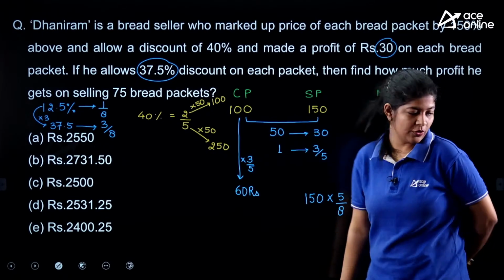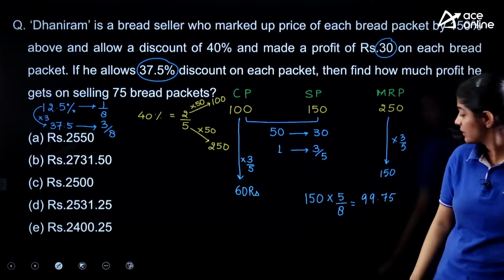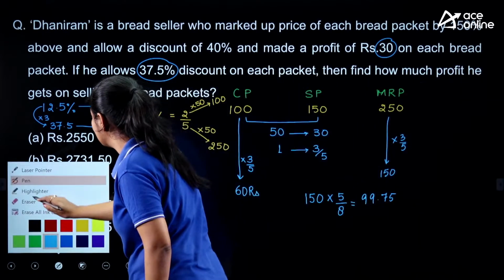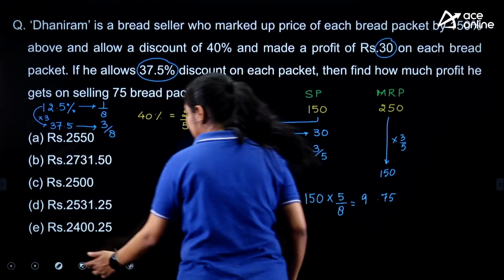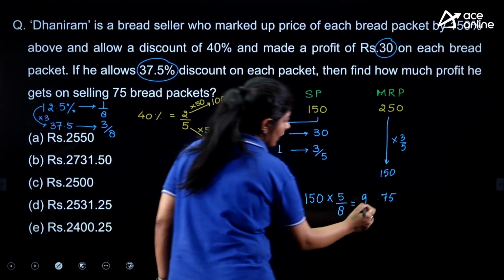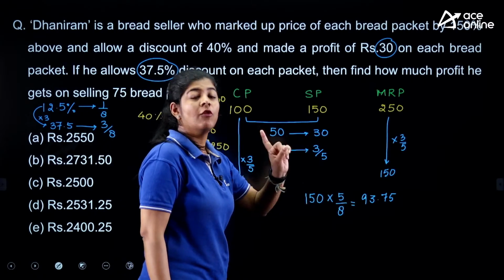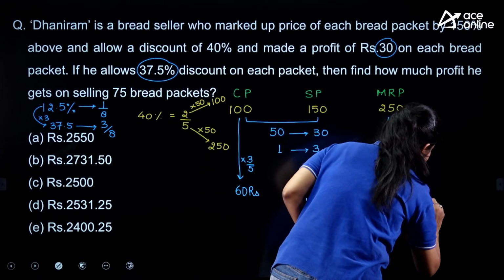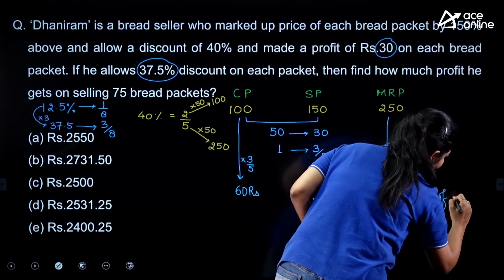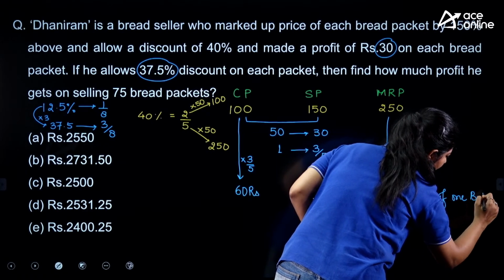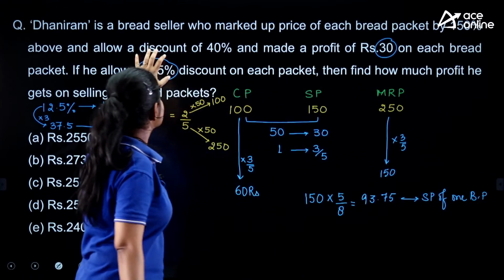Let me use the calculator. It's not 99, it's 93.75. This is the SP of one bread packet after allowing this discount.